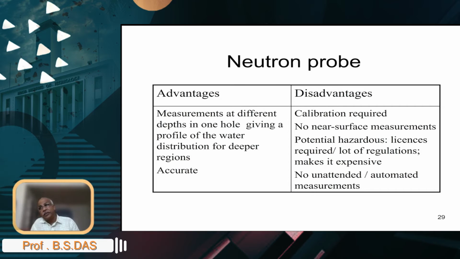Hazards, as I mentioned, include the licensing necessary to use it and to move it from one location to the other, and you just cannot have a neutron source out there unattended. Automated measurement is not possible, because each time one has to physically go activate the neutron source and lower the probe from the shielded device.